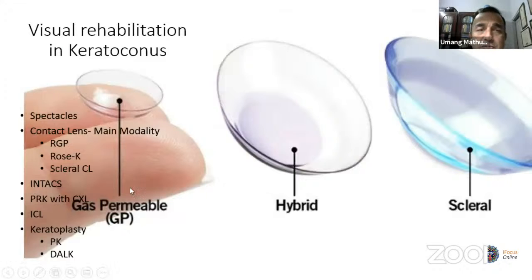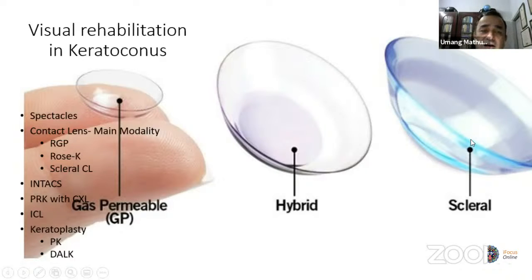Now, an important thing to remember is keratoconus is not really a surgical management. The first line of treatment is, of course, if the patient is happy with glasses and cylindrical numbers, that's fine. If the patient is not happy with vision, then the best quality of vision will come with rigid contact lenses, which could be RGPs, special lenses designed for keratoconus, and scleral contact lenses.